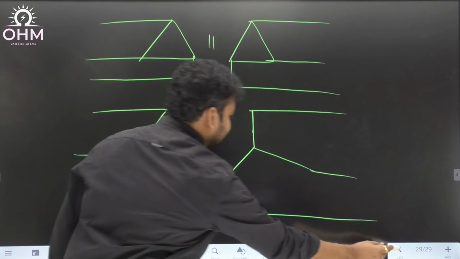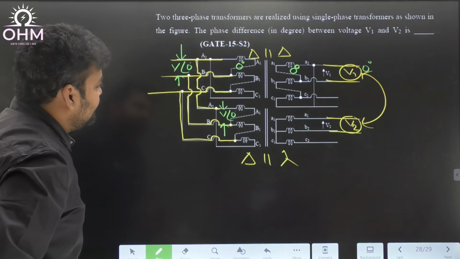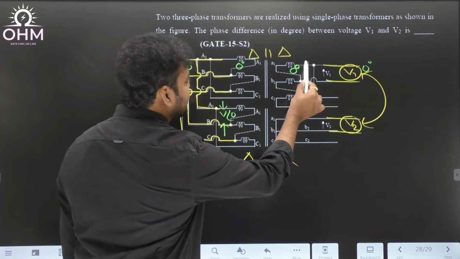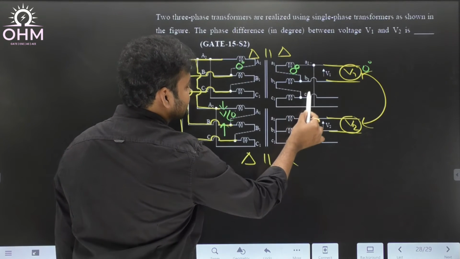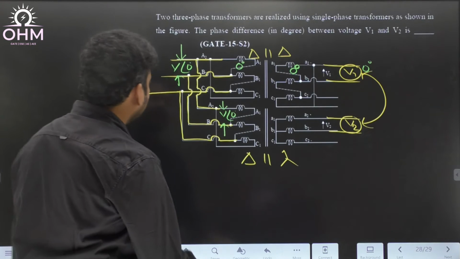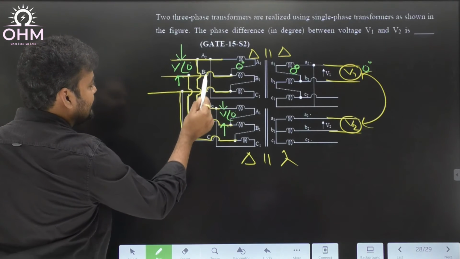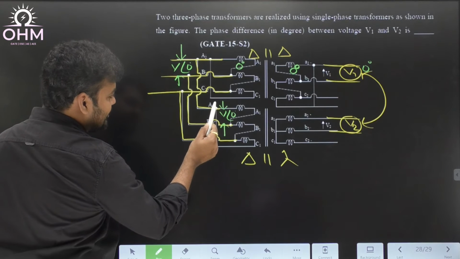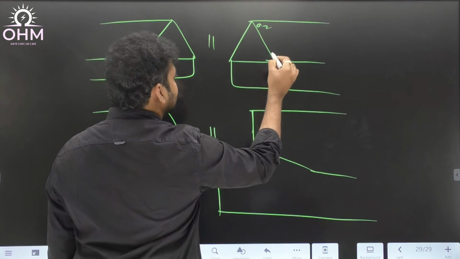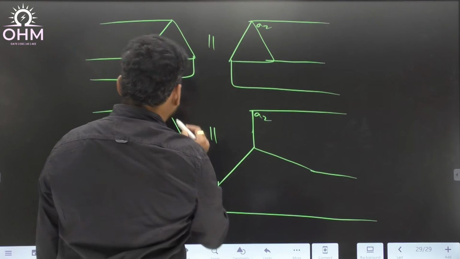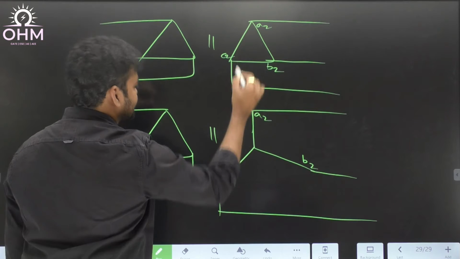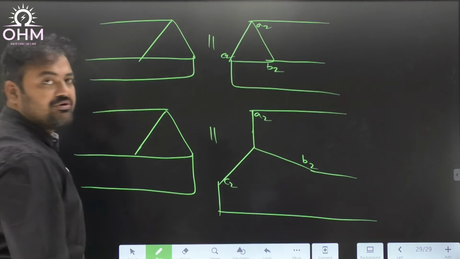And if you also see the terminology, on the secondary, output terminals are A2, B2, C2. Even for the second transformer also A2, B2, C2. The terminals are same. Here A2, A2, and this is B2, B2, this is C2, and this is C2. Output terminals are A2, B2, C2.